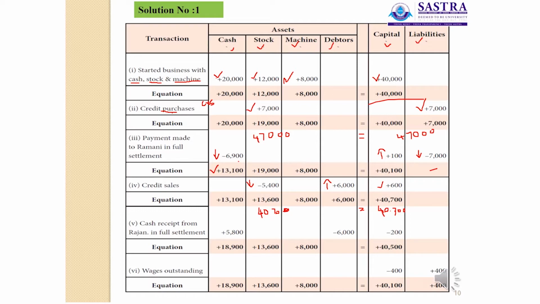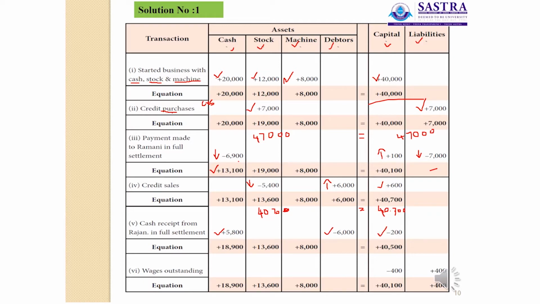Then cash received from Rajan in full settlement. Out of 6,000, the amount paid by Rajan is rupees 5,800, so plus 5,800. Here debtors value minus 6,000. The difference between these two is discount allowed, rupees 200.